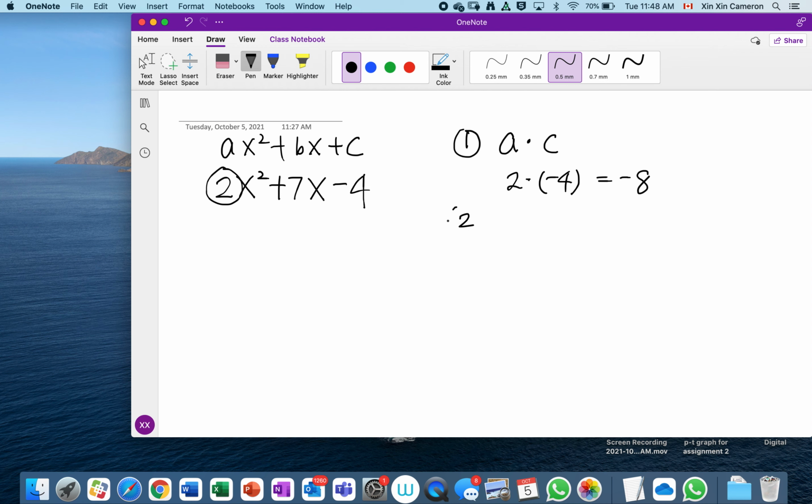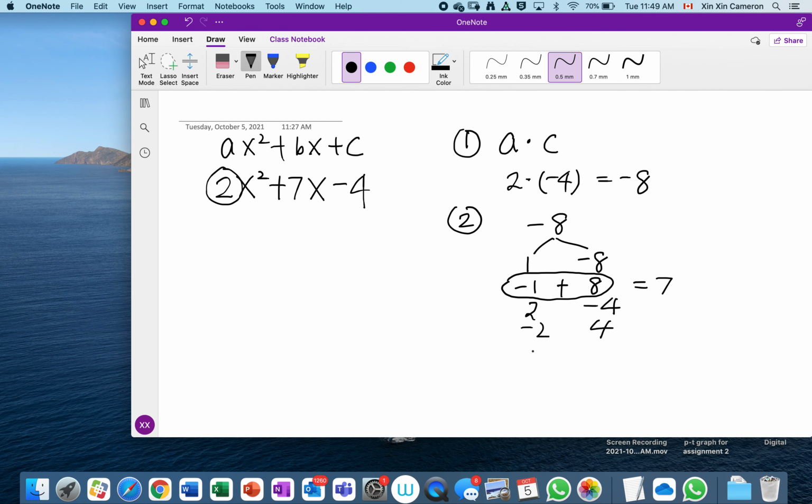Otherwise, of course, you can keep going, 2 and -4 or -2 and +4. But these ones won't give us +7. So this pair, added together, will give us +7. Therefore, we're going to choose this pair.